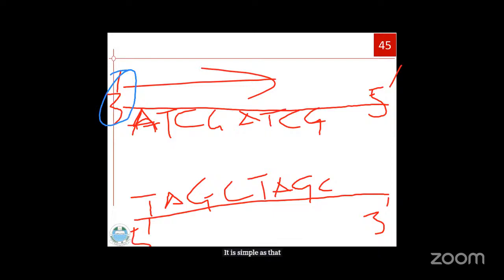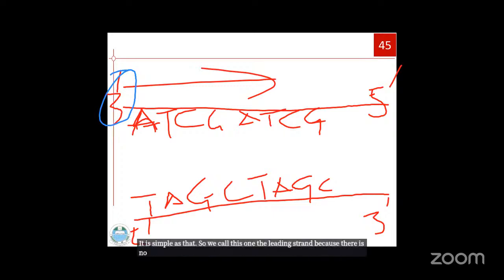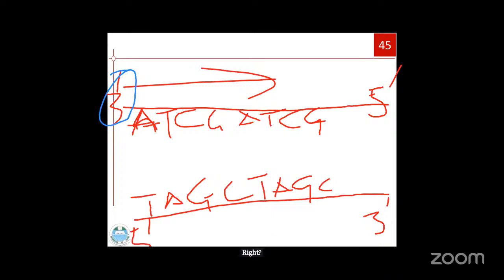So we call this one the leading strand because there is no impediment to DNA synthesis. But this other strand, the one that runs from 5' to 3', right? DNA replication cannot start from 5' to 3', right? It can only occur from 3' to 5'.